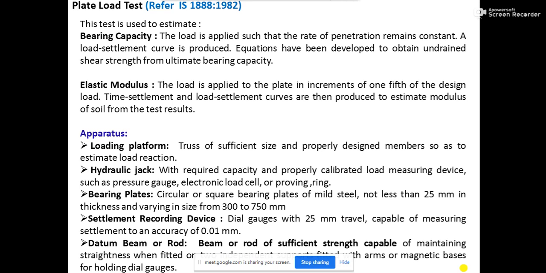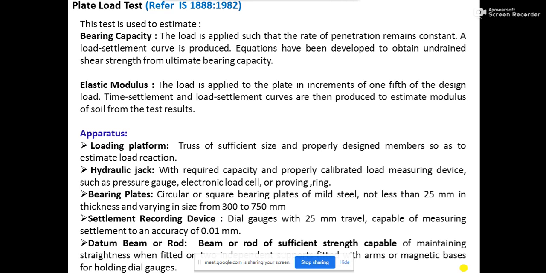From the load settlement curve, you can develop an equation to obtain the undrained shear strength from the ultimate bearing capacity, or vice versa. The second part is very important, that is to find the immediate settlement of soil.